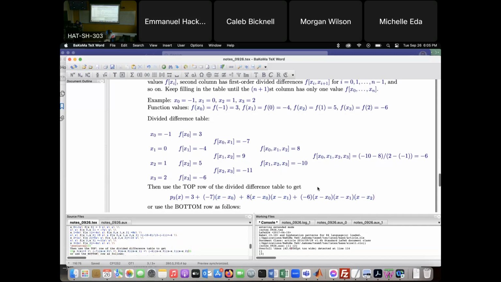So although we're interpolating at x0, x1, x2, x3, you notice that x3 doesn't actually show itself in the Newton form, but it still has an impact because the value of x3 played a role in computing some of these divided differences. That's why it's still relevant, even though you don't see it actually listed here.